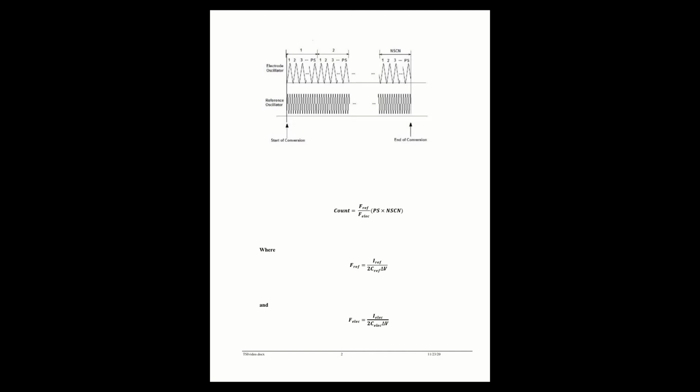Here's the calculation of the frequencies, and this is a basic capacitor-based oscillator. And so what happens is we have a current, this Iref in this case, that's charging a capacitor, making this slope, right? We have a current going into a capacitor, and the voltage goes up or down.